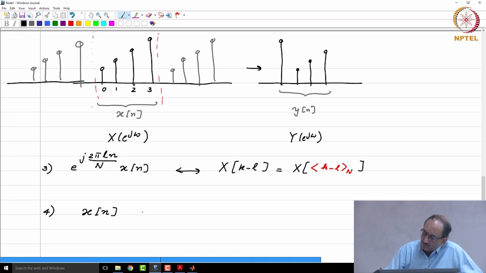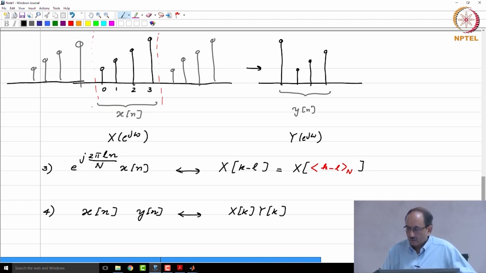If you convolve in the time domain, you will multiply in the frequency domain, except that remember both x and y are periodic sequences, because here we are talking about the DFT framework.